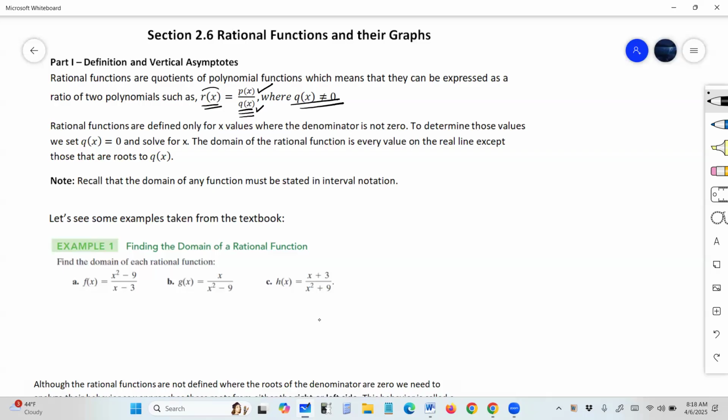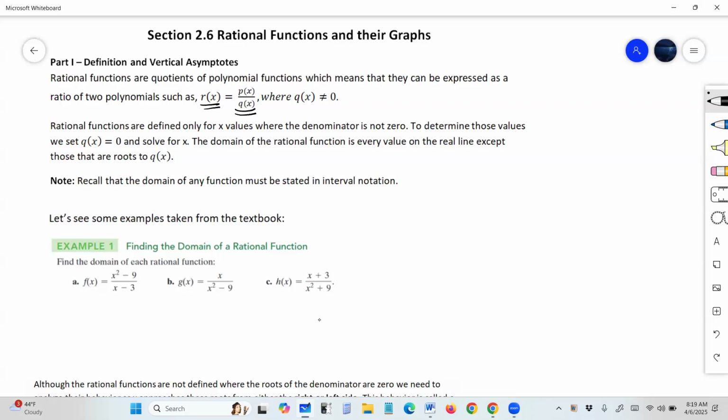Now, what is important to observe is that when we have a rational function, for whatever values of x that cause the rational function to be undefined, those values, which we call roots, must be removed from the domain of the rational function.